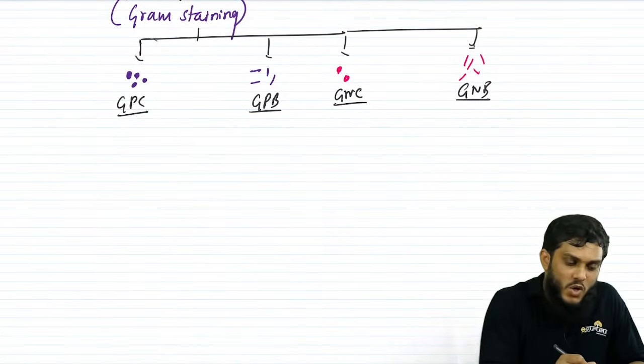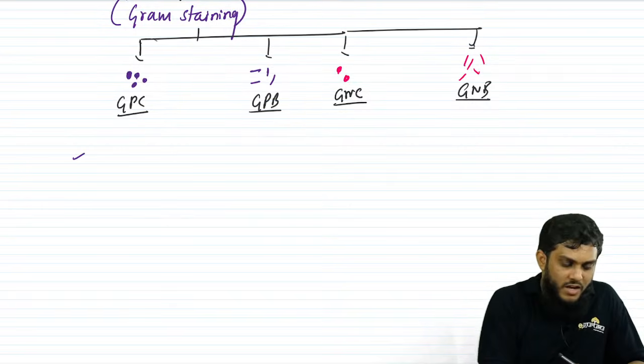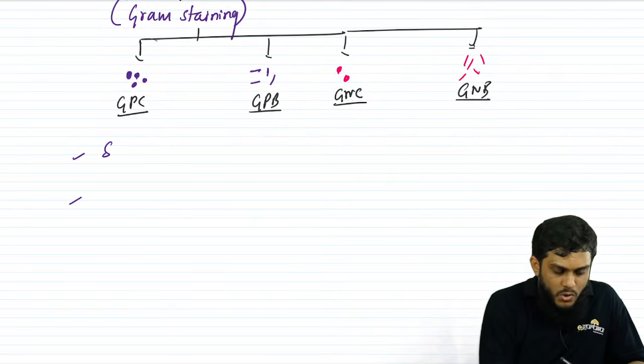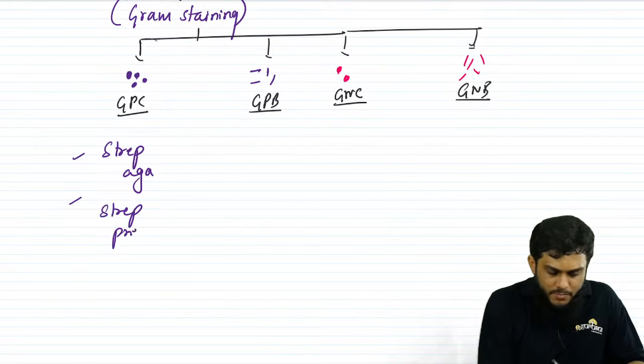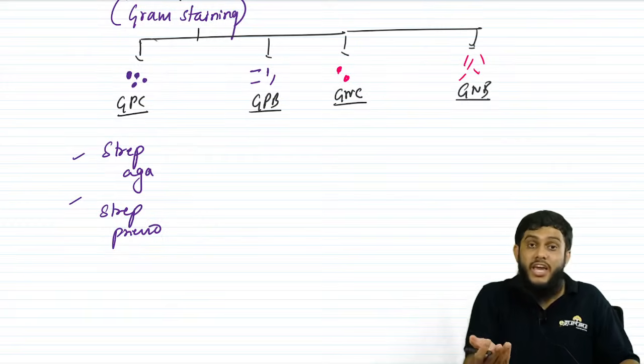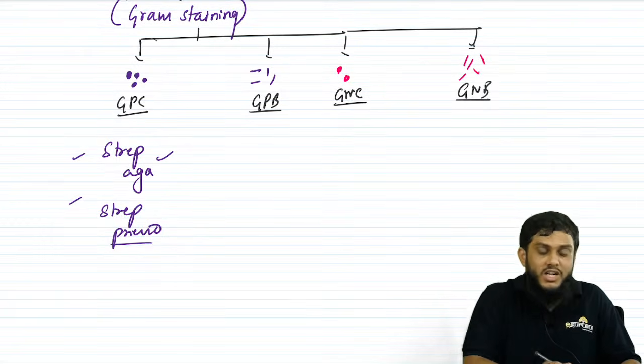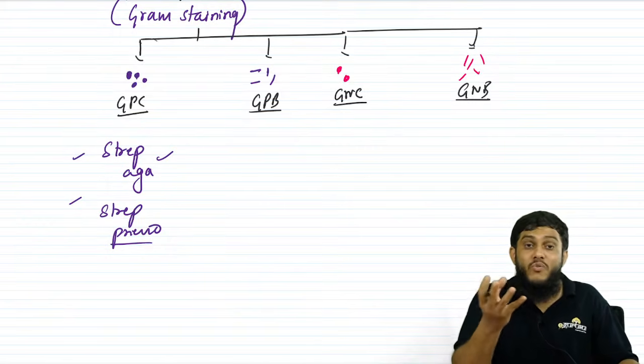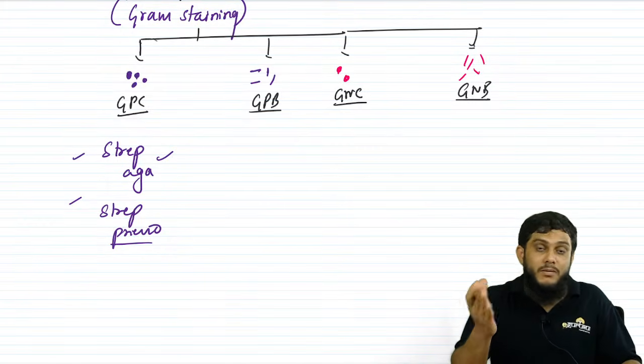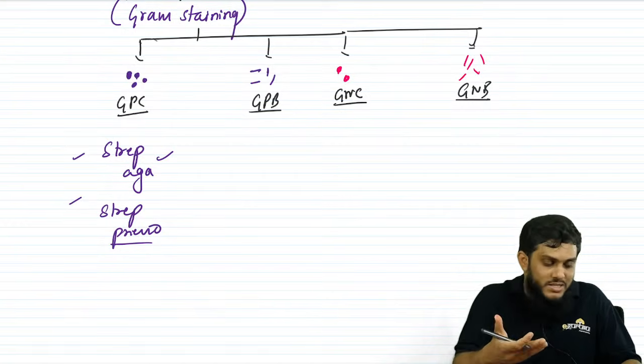So if it is gram-positive cocci, then we can think of Streptococcus agalactiae or Streptococcus pneumoniae, right? And based on the age group, if it is a neonate, then Streptococcus agalactiae. If it is adult or elderly, it is Streptococcus pneumoniae. This is how we can get a clue whether the causative agent is Streptococcus agalactiae or pneumoniae.